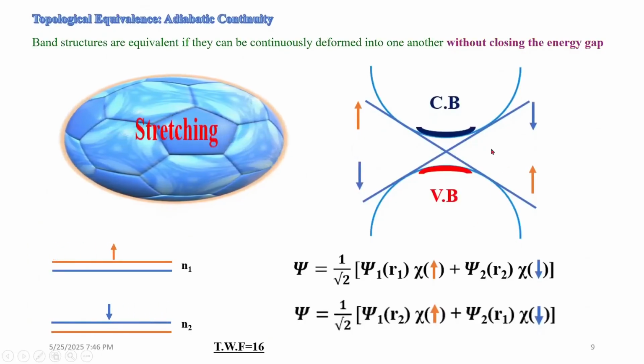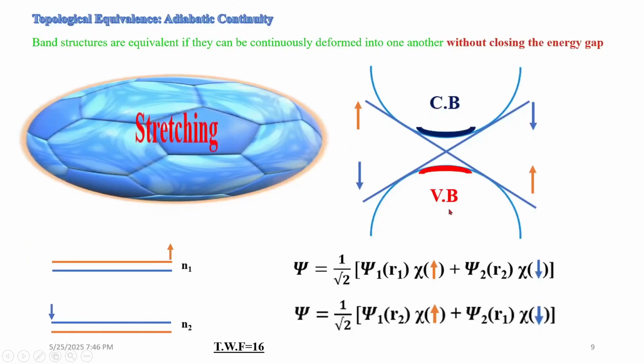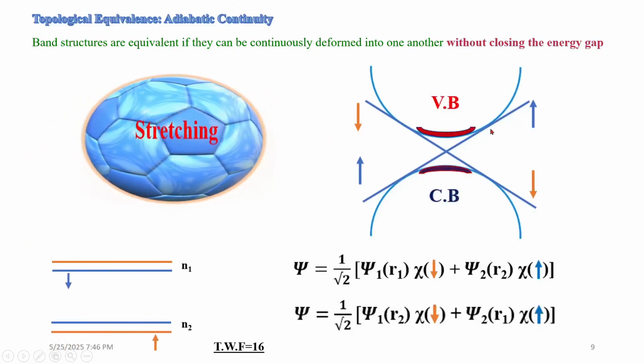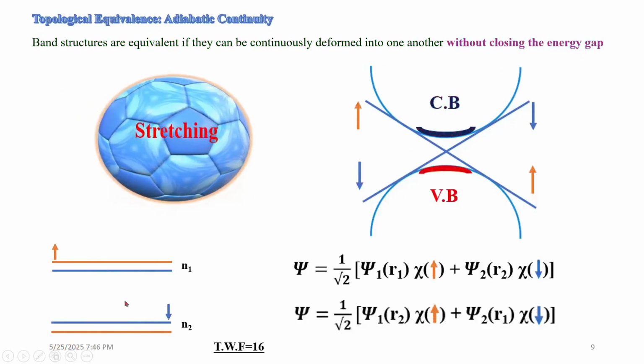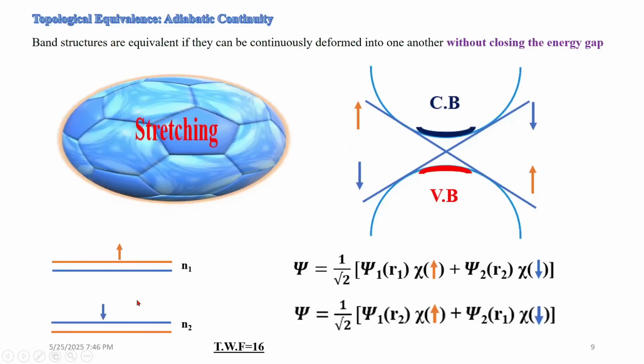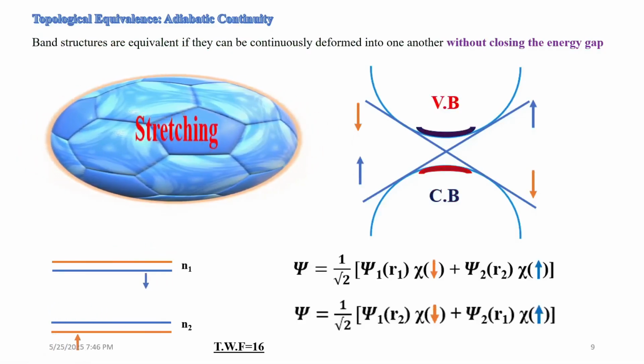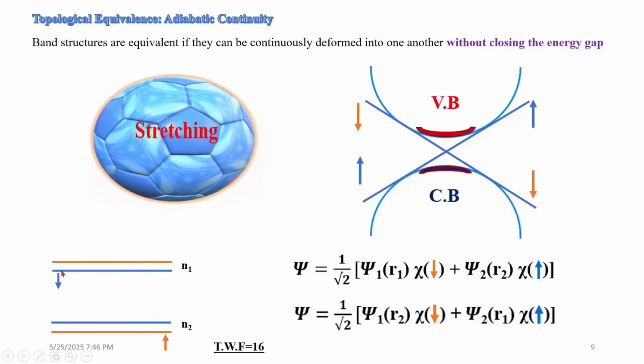Basically these bands are in the Kramers degeneracy form, and this shows how the topology is preserved in the topological system, because these edge states are in the Kramers degeneracy.